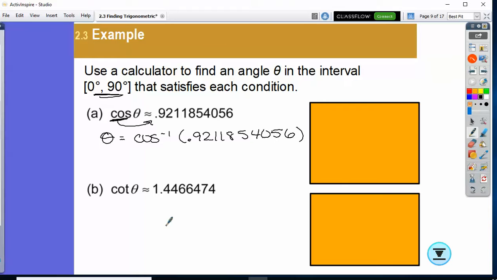So when you need an angle, that's when you use that -1. We hit second cosine. This is giving our theta, which is a degree. So we get 22.8 and then 9 repeating, so 22.9 degrees.